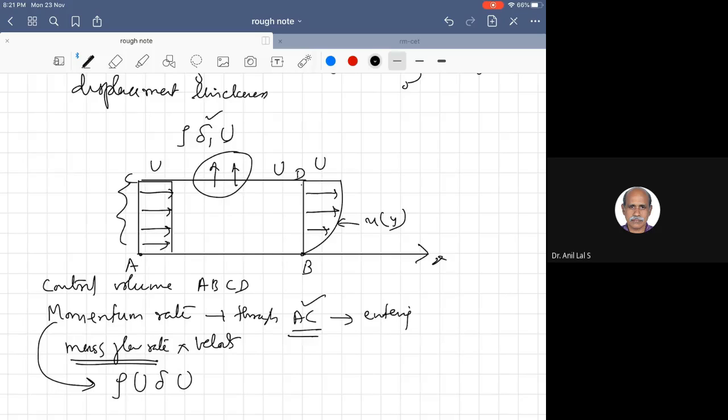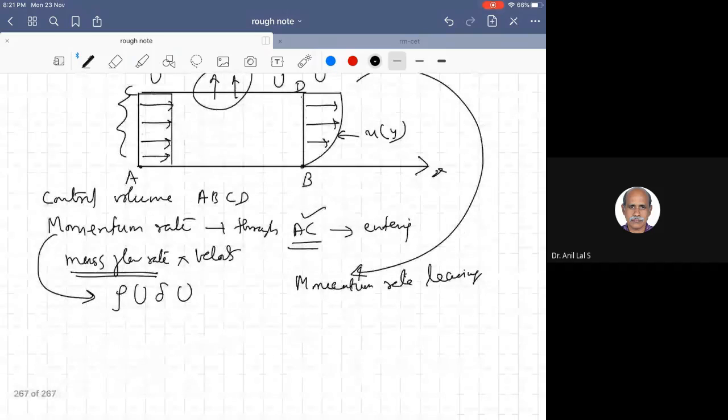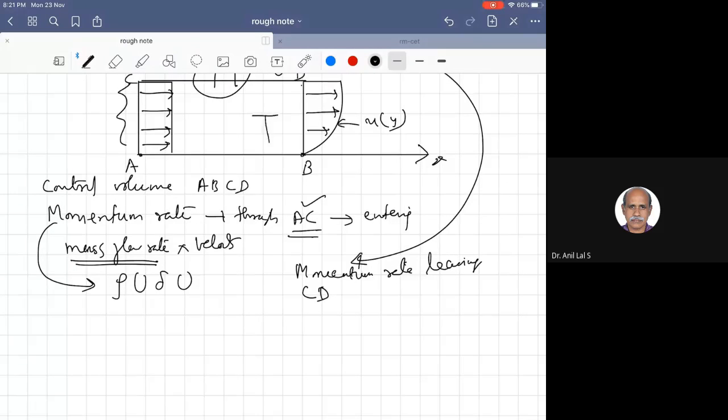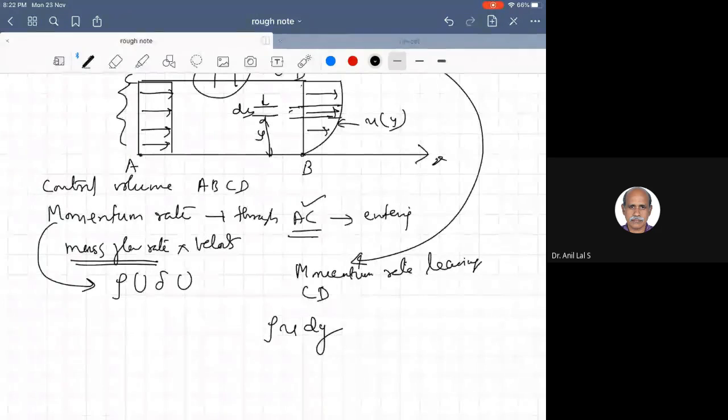What is the momentum rate leaving the control volume through BD? For that, the velocity is varying, so naturally we have to take some y. You consider a strip of height dy, and the mass flow rate is rho u dy into 1.